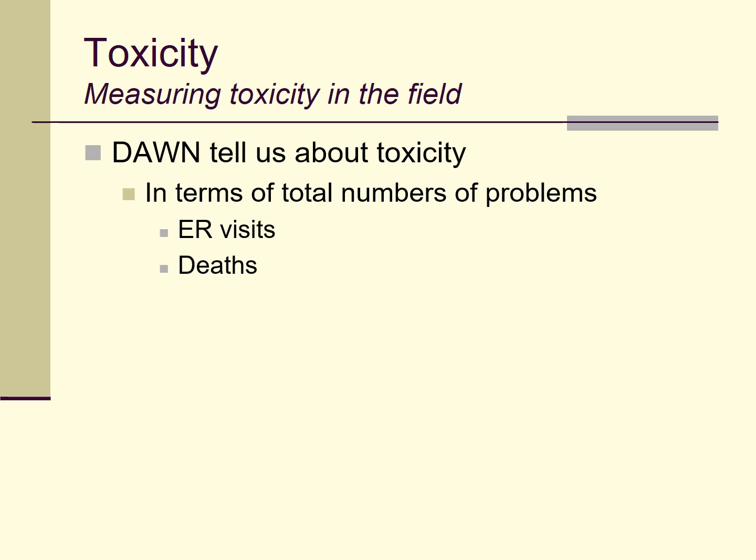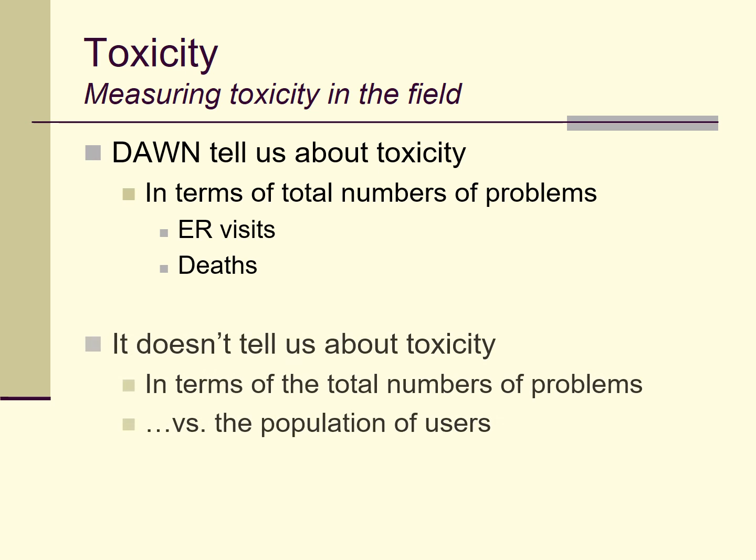More important points: the Dawn system is telling us about toxicity in terms of a number of problems, especially ER visits and actually deaths. So again, who shows up at the hospital either alive or dead because of drug use. It doesn't tell us about toxicity in terms of the total number of problems versus the population of users.